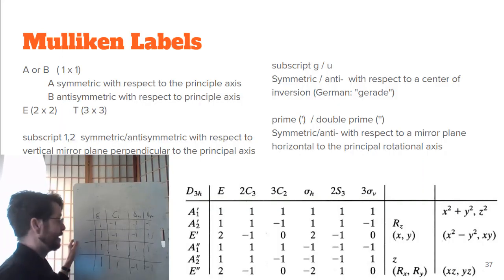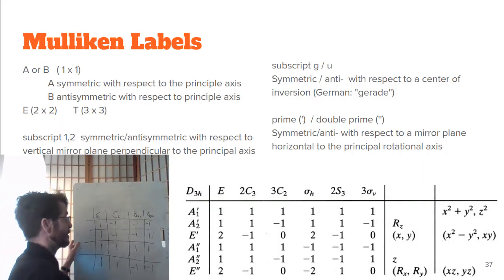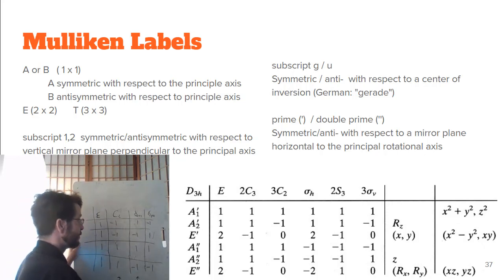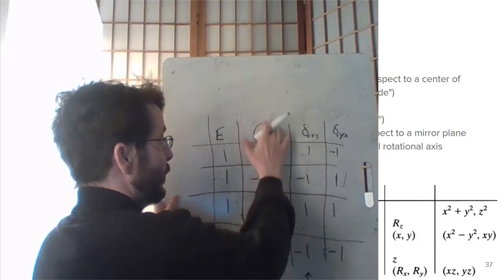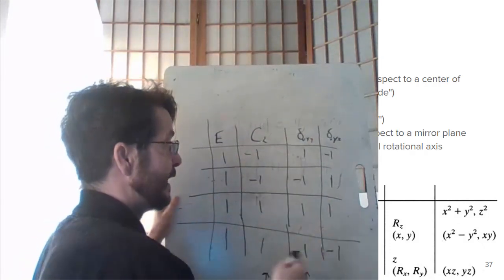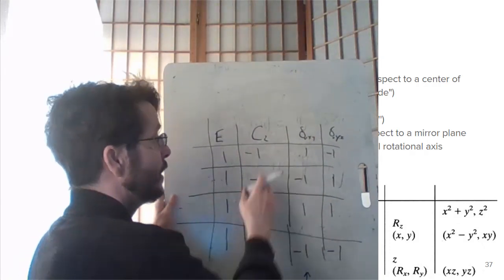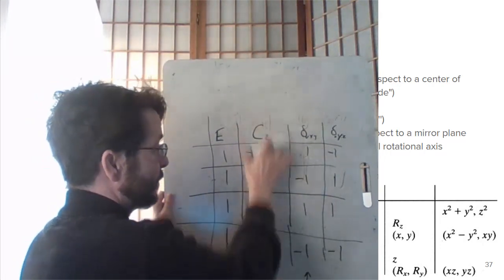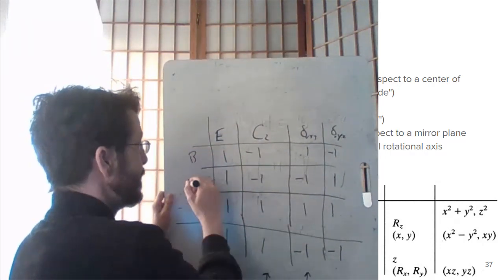we can come back and label these with our Mulliken labels. Again, the big ones are the C2 axis, or the principal rotation axis, and whether it's symmetric or anti-symmetric with respect to a mirror plane. There's no inversion center or anything like that, so g and u doesn't work. So we can look, is it symmetrical? These are all anti-symmetrical with respect to the C2, so these are all B relationships.